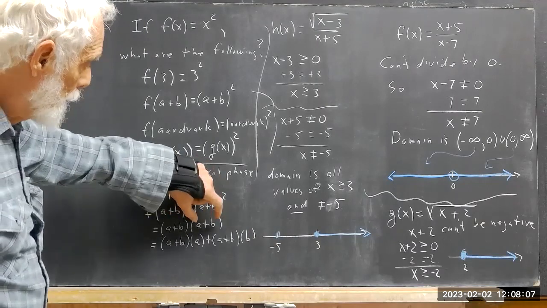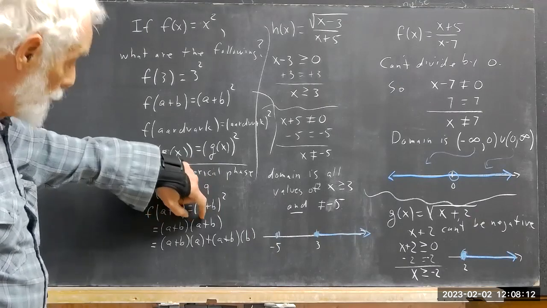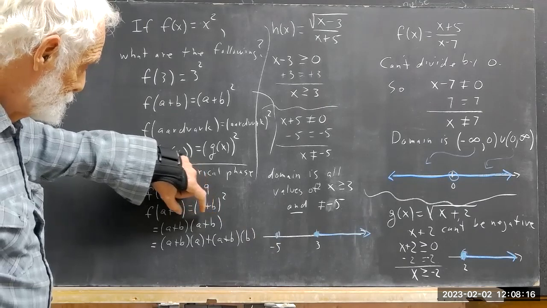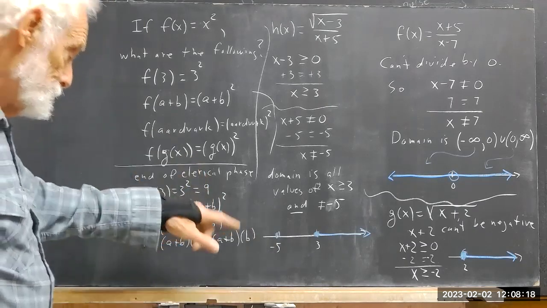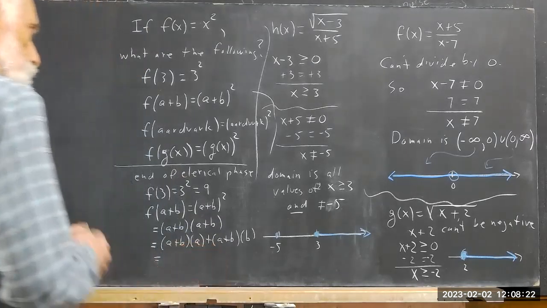You multiply A plus B by A plus B. You multiply A by A plus B, and then you add that to B times A plus B. Kind of seems in reverse order, but that doesn't matter.